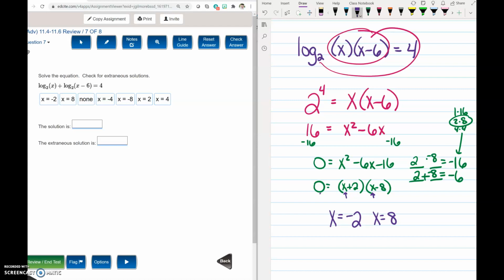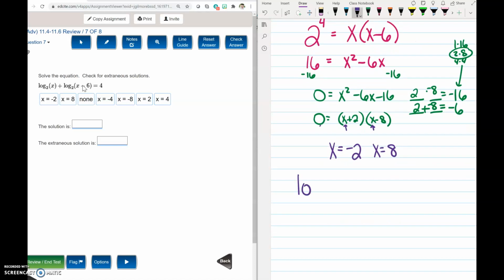Check these back in the original problem. I don't know if you can see where I'm clicking, but back in this original problem, log base 2 of x plus log base 2 of x minus 6. If I put negative 2 right in there, I've got a negative inside that logarithm.